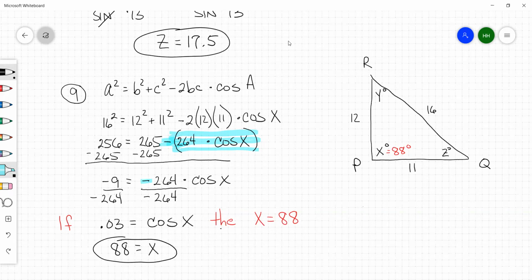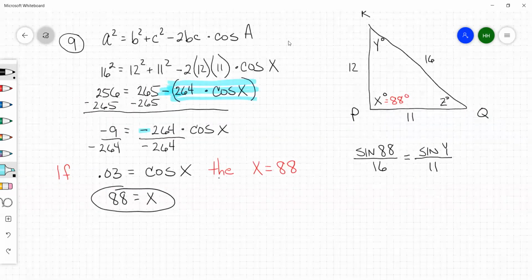So law of sines says the sine of an angle, sine of 88, over its opposite side, 16, is equal to sine of an angle, we'll do sine of y, over its opposite side, which is 11. So crisscross multiply: sine of y times 16 equals sine 88 times 11.